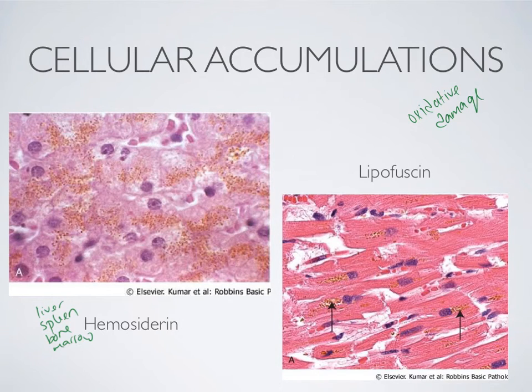If you look at the lung of somebody who has smoked for a long time or been in a hazardous working environment, they call it black lung. You can actually see this, and the macrophages just sit there accumulating all of this carbon. Melanin can accumulate in cells.